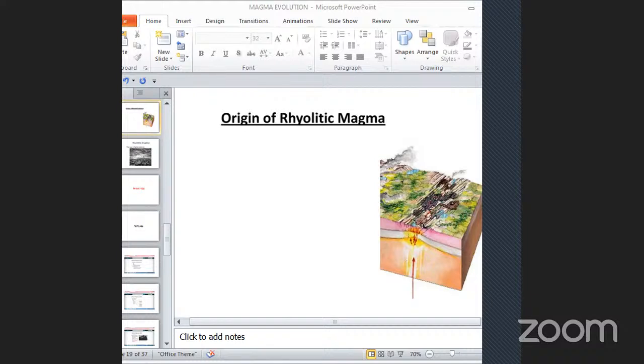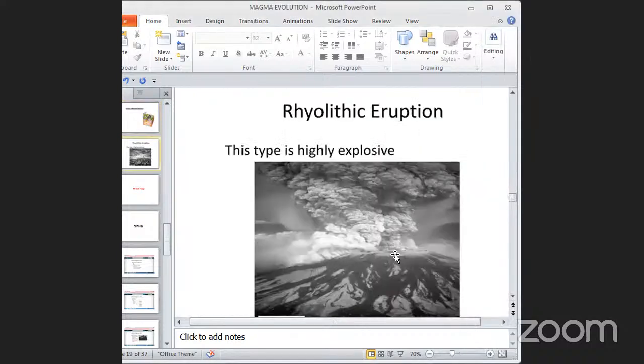So solidified rhyolite contains what? Quartz, feldspars, and also hornblende, biotite, and muscovite, right? So these are what the solidified rhyolite contains. So the latter minerals contain what? Water, also indicating high water content, right? You see here some of the rhyolitic eruption types.